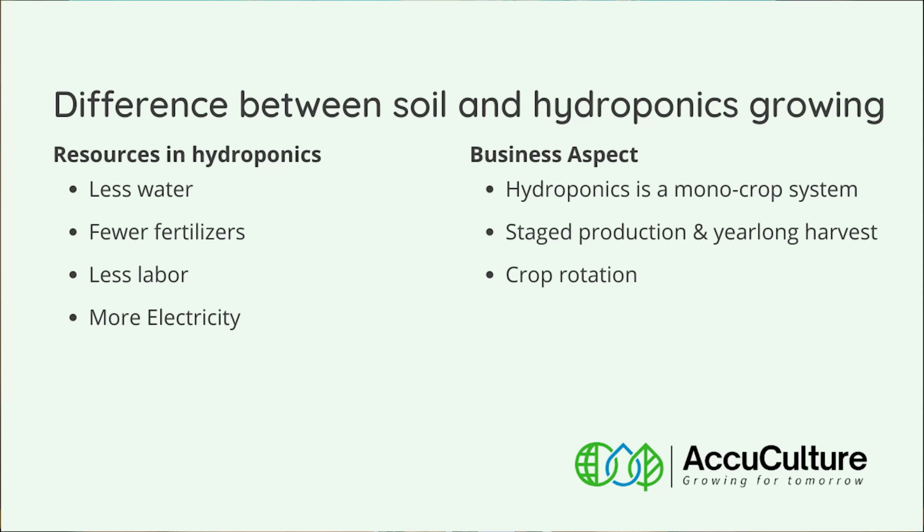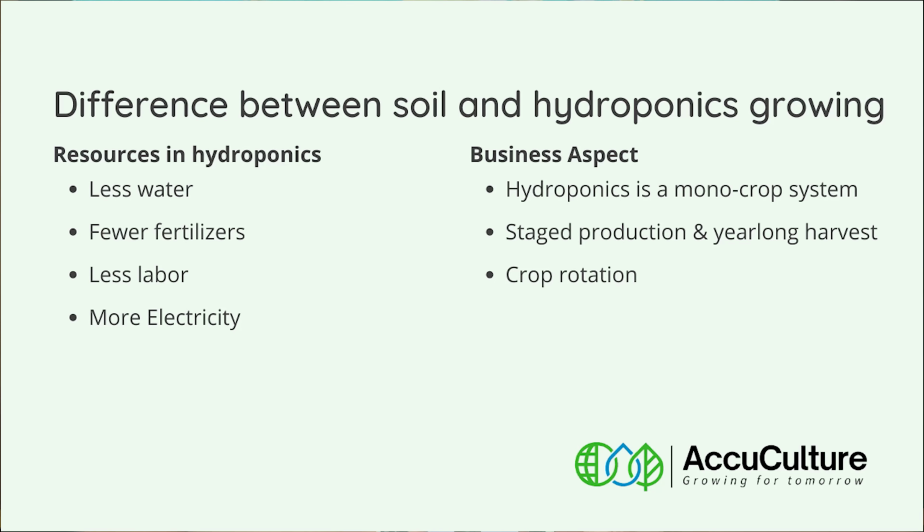Your laborers need to be trained to grow a new crop. So it's a business thing that you have to understand when you are going for hydroponics, that with hydroponics we can grow one crop throughout the year, maybe in stages, for many years.